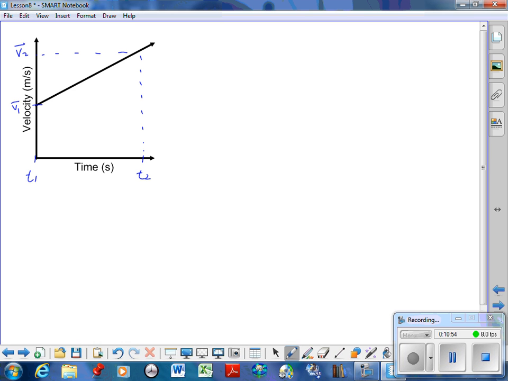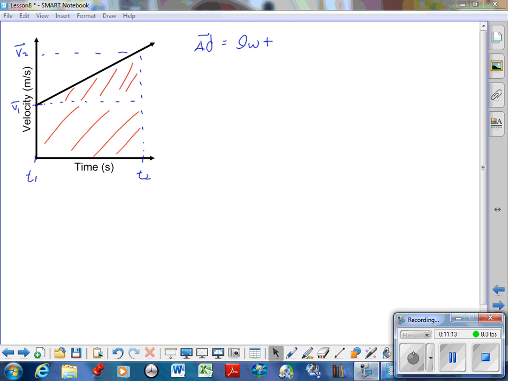If I want to find the displacement for this particular time of travel, I would have to find the area under the line, same as what we did the other day. So our delta D will equal the area under there: length times width for the rectangle, plus 1/2 base times height.